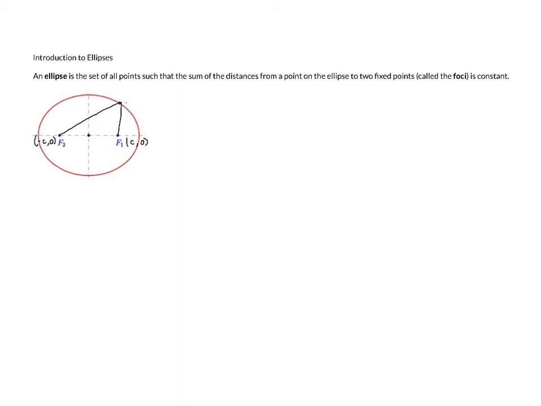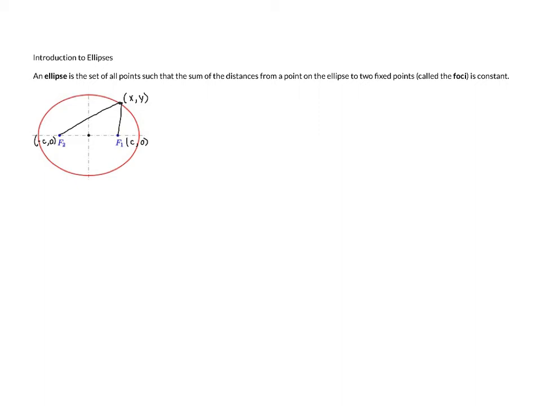We're also going to label a generic point on the ellipse with coordinates x, y, and we need to define what the sum of these distances is going to be. And we're going to let that sum be 2 times the letter A, which we could let be anything, but we're going to do that because it's going to make our lives easier.